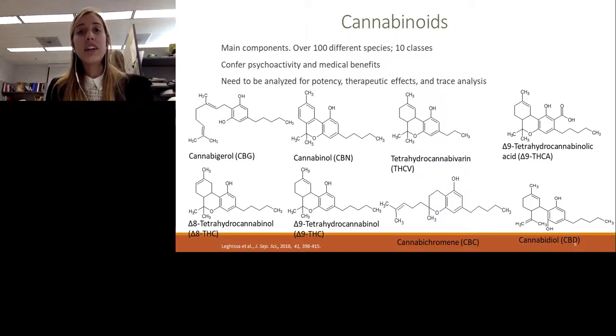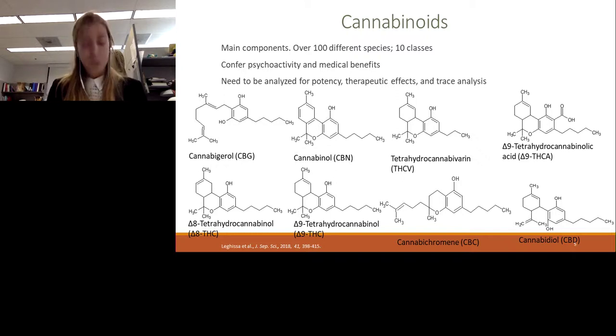So cannabinoids are the main components of cannabis sativa. This plant has been reported to have over 100 different species of them, and because of that, and based on their structure and their properties, they have been divided into 10 different classes. As we mentioned, they confer psychoactivity, especially delta-9 THC, that is the main psychoactive cannabinoid, but also the medical benefits.